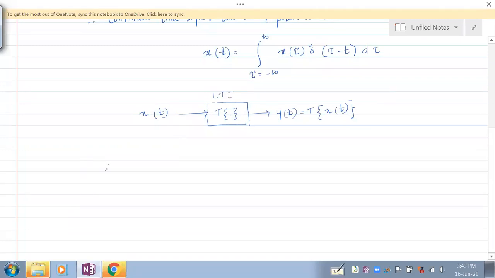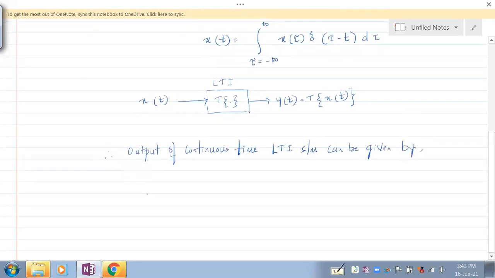Fine. So therefore, the output of a continuous time LTI system can be given by y of t.